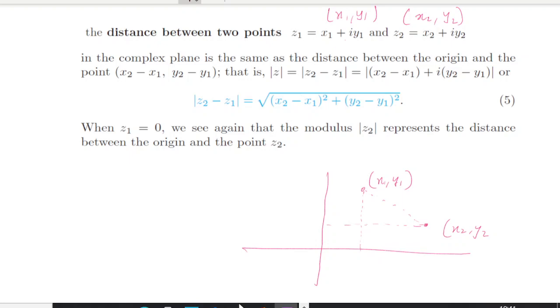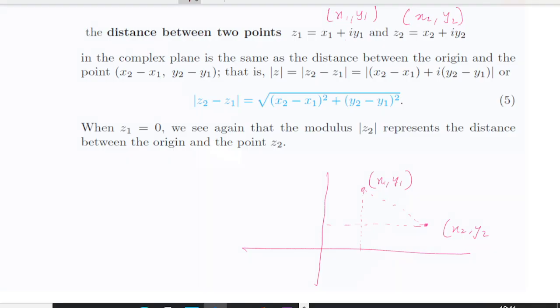Now the total distance I know. So from here to here the distance is x1, and from here to here the distance is x2. Now here this distance is y1, and this distance is y2.